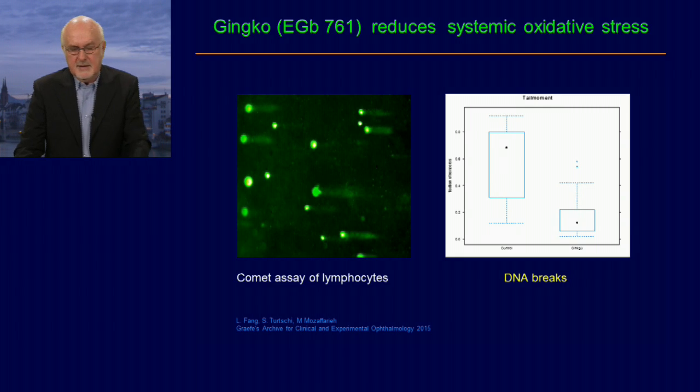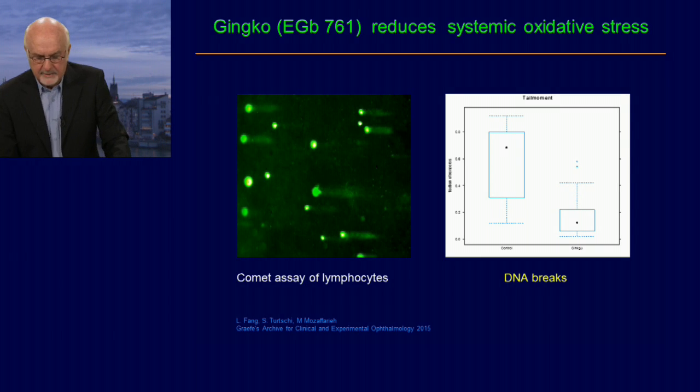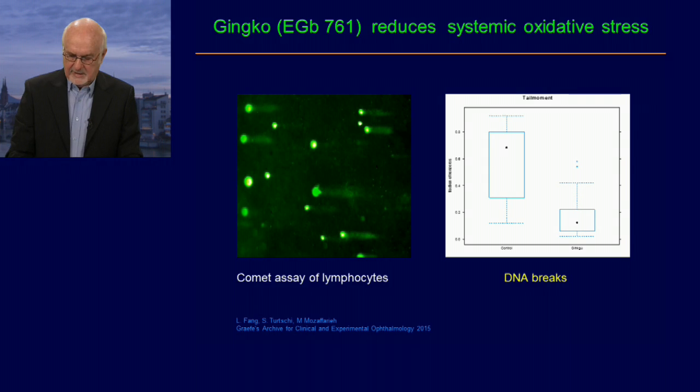Ginkgo extract 761 also reduces the systemic oxidative stress, again demonstrated here indirectly by the number of DNA breaks in the circulating lymphocytes with the COMET assay. You see, people under ginkgo have much fewer DNA breaks.